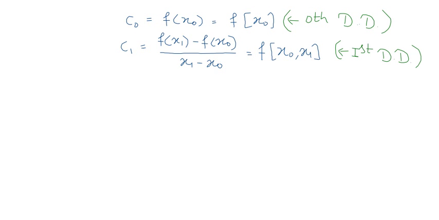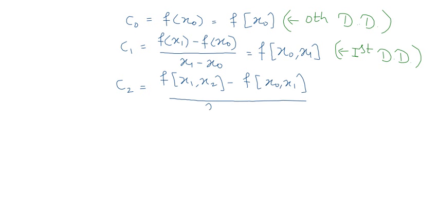Now similarly, if you go for c2, that will be f of x1 comma x2 minus f of x0 comma x1 divided by x2 minus x0.